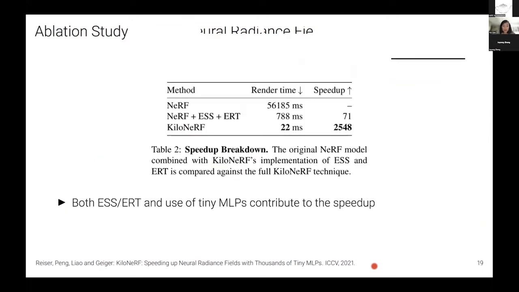And here is one interesting ablation where we show that both the empty space skipping and early termination, as well as the tiny MLPs, contribute to the speedup. And with this combination, we can achieve real-time rendering.